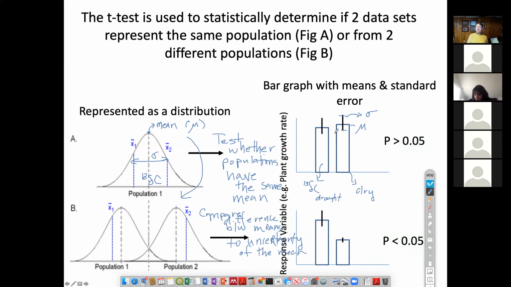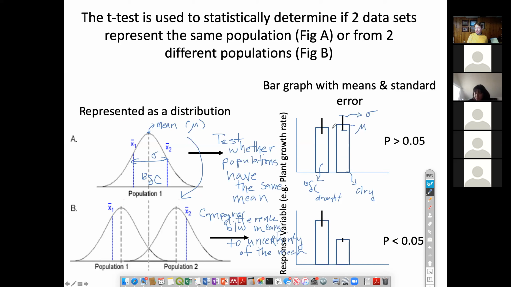So it makes intuitive sense that we would think, hey, I don't think I can tell the difference between these two values. And so the probability of me falsely thinking that I am going to call these different populations is high. It's greater than 5% here.